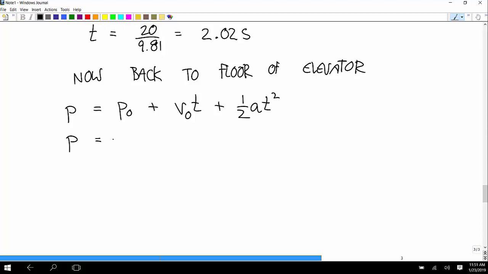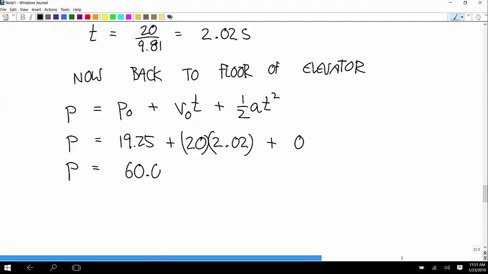So position is equal to the starting position of the floor of the elevator, 19.25, plus 20 times the elapsed time, 2.02. The acceleration of the floor of the elevator is 0, so this term goes away. And so what do you get for P? 60.05.